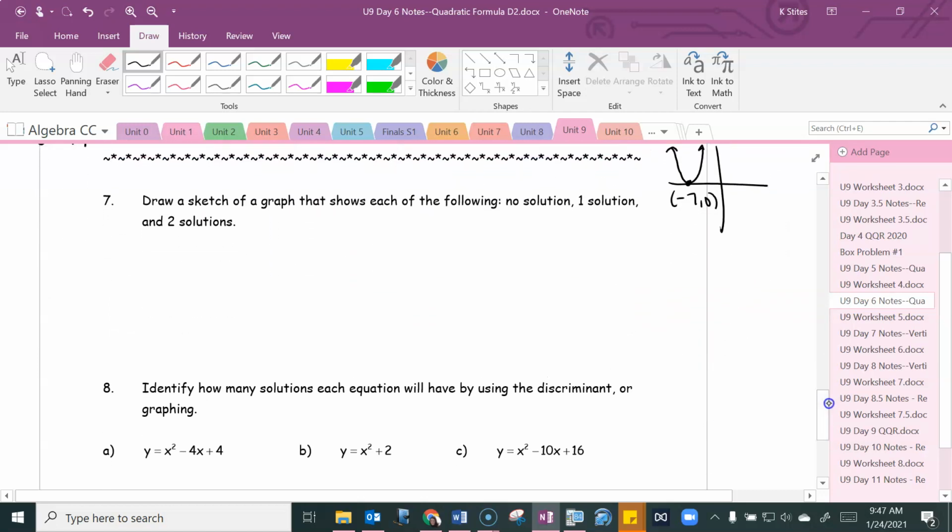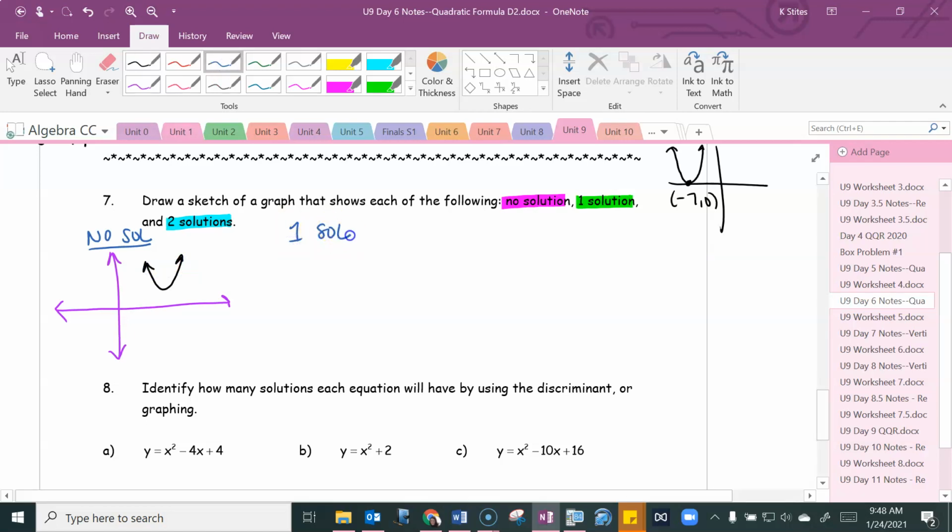All right, so we've now looked at all three possibilities. We can draw a sketch of a graph that shows each of the following: no solution, one solution, and two solutions. And again, think of solution as just how many times we hit the x-axis. Okay, so no solution would be our parabola does not hit the x-axis at all.